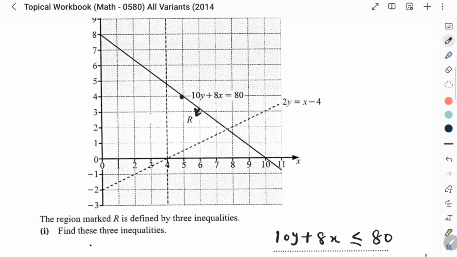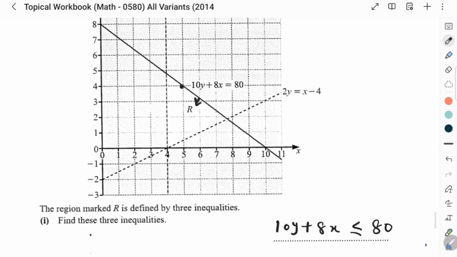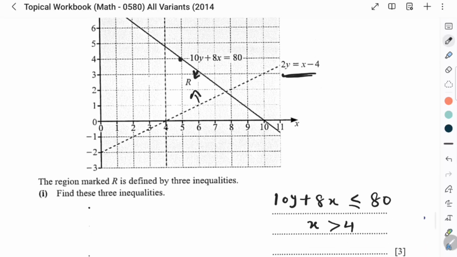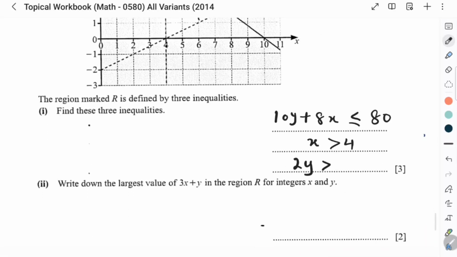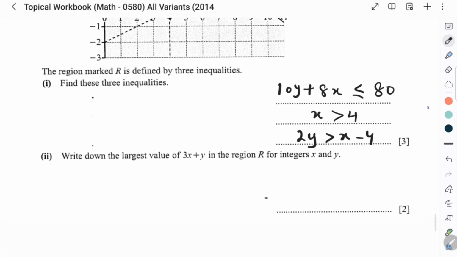The two other lines are dotted lines. This one is x equals 4, so x is greater than 4. The next line is 2y, and the region is above the line, so 2y is greater than x minus 4.